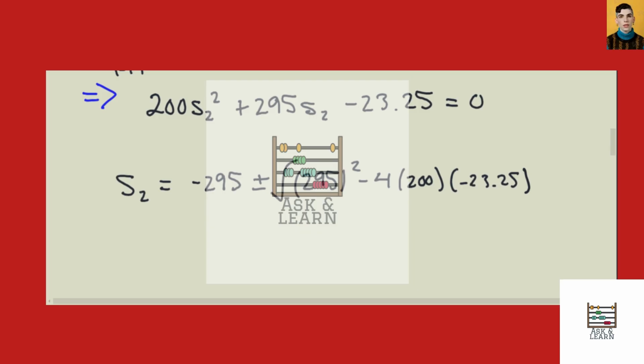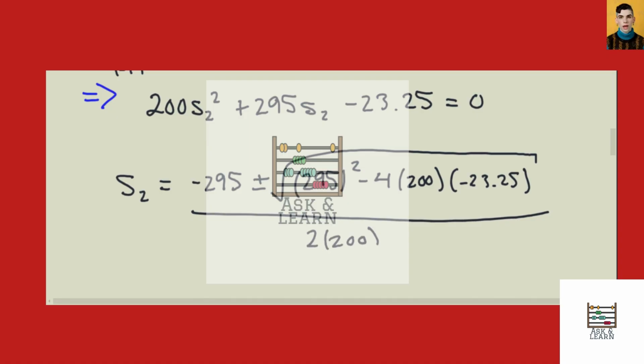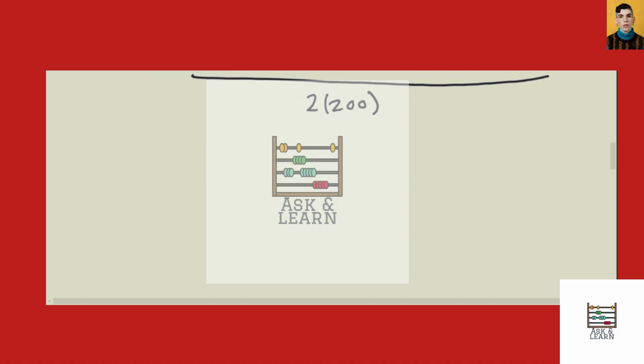And again, all of this under the square root, and everything is divided by 2 times 200. So when we plug this into the calculator, we get S2 is equal to 0.075 feet.